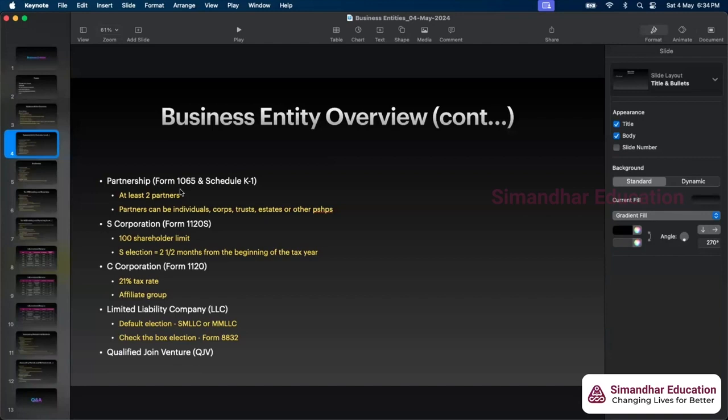Now, one unique thing about an S corp is that it has a limit, which is not in a partnership or a C corp. This is only applicable to an S corp: it has a 100 shareholder limit. S corps also raise money through shareholders.